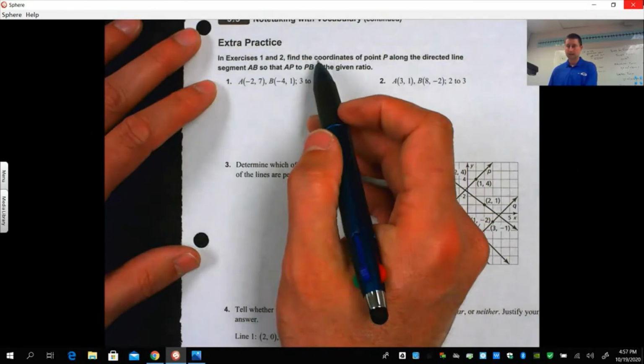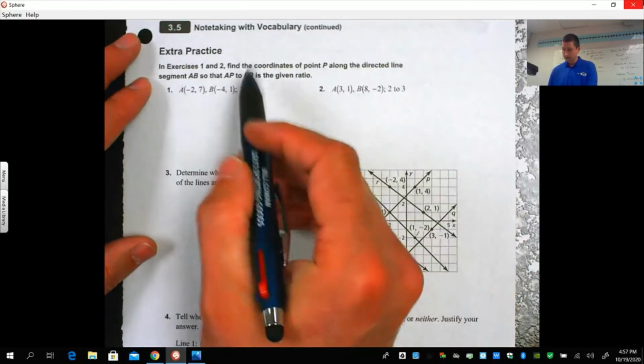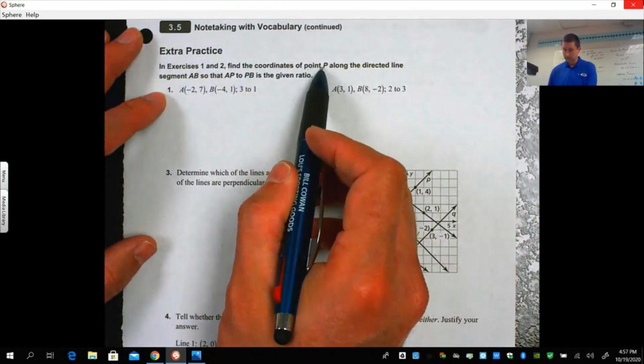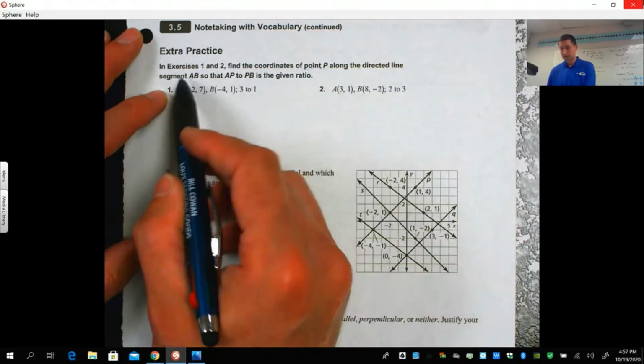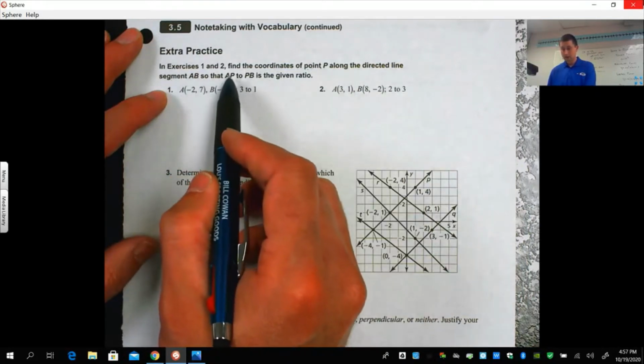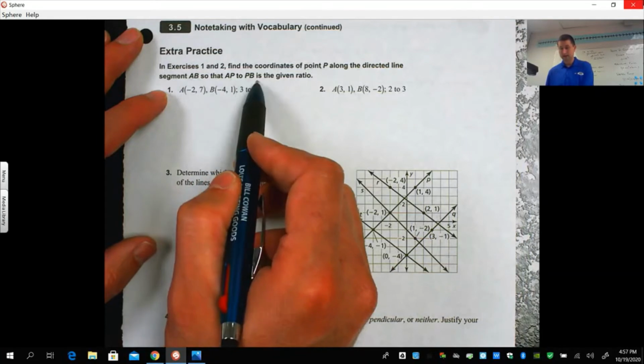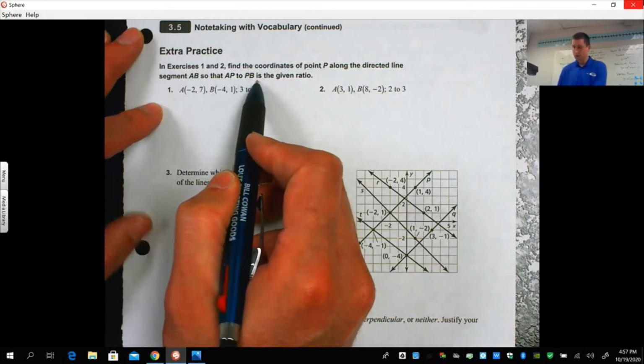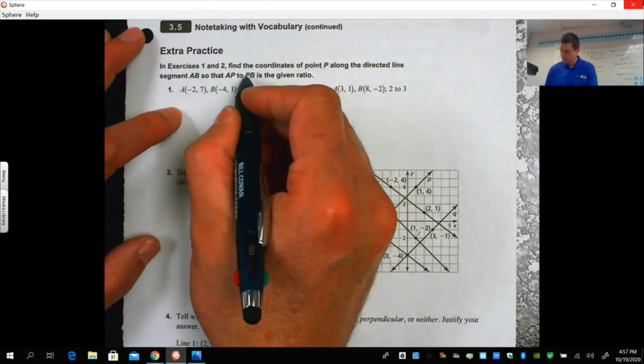So what the questions ask is this right here. These are the directed line segment questions. Find the coordinates of point P along the directed line segment AB so that AP to BP is the given ratio. What? Okay, AP to BP is the given ratio.